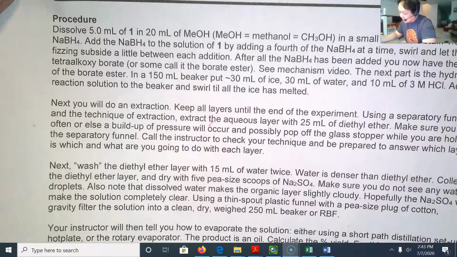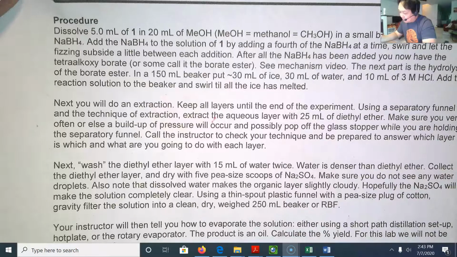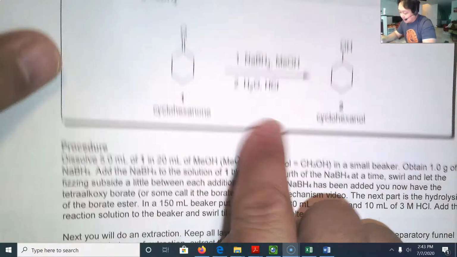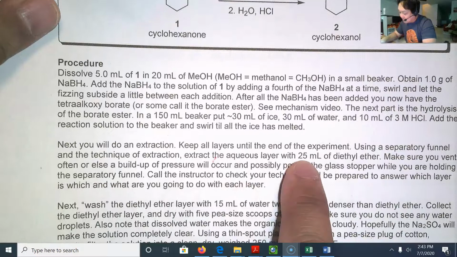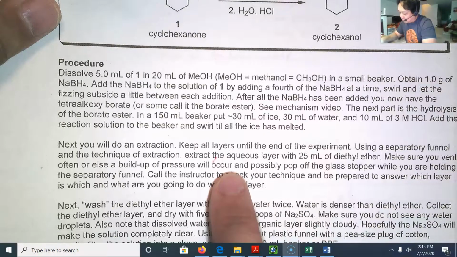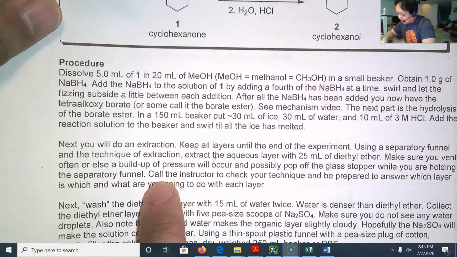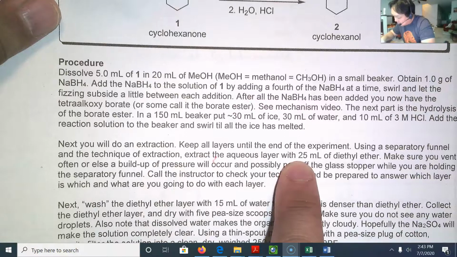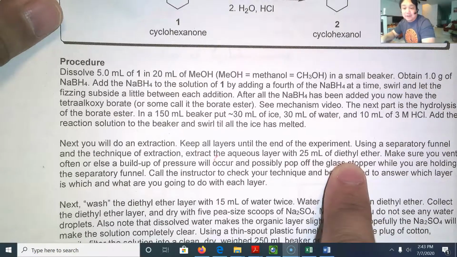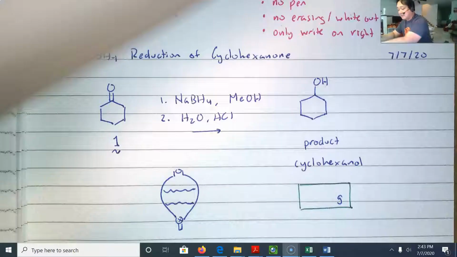It seems like it's going to be mostly water, right? Because here we have water. That's going to be one of the layers. And the, hmm, oh, diethyl ether. And diethyl ether is less dense.